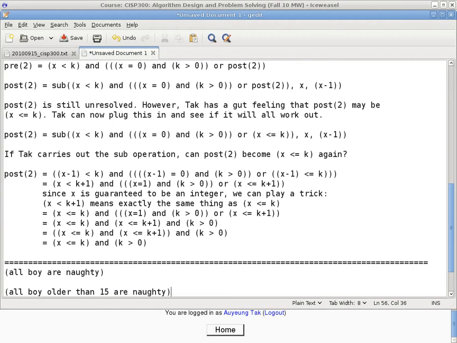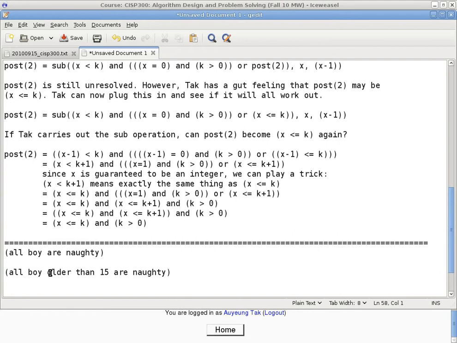Boys never grow up to men. True. Right? So there are boys older than 15. So now, obviously, one is more restrictive than the other one, right? Which statement is more restrictive? Which statement applies to fewer people? The second one, right? The second statement is saying all boys older than 15 are naughty, and there are fewer boys older than 15 than there are boys.